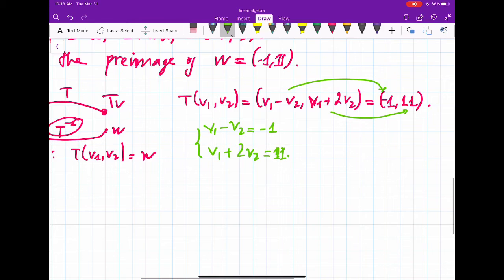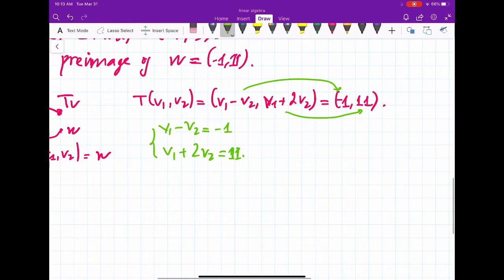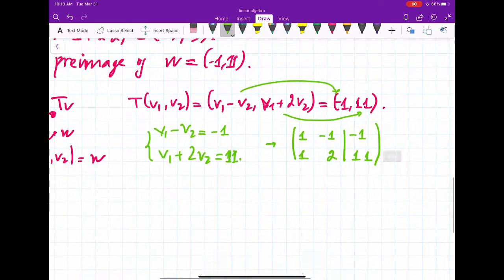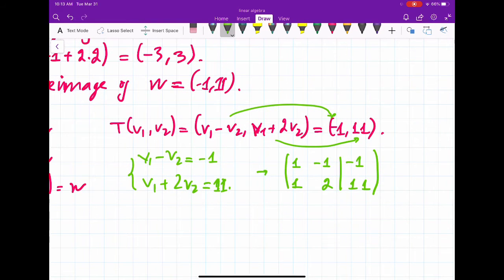If you write this in the matrix form, you would have the following: 1, negative 1, negative 1, 1, 2, and 11. So basically, in order to find the pre-image, you need to solve this system. Look at this.